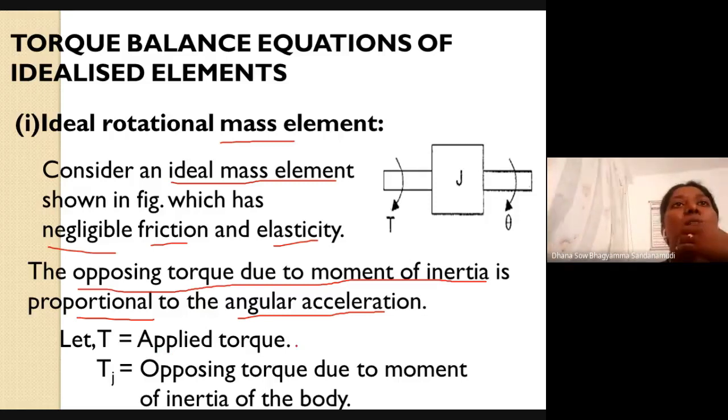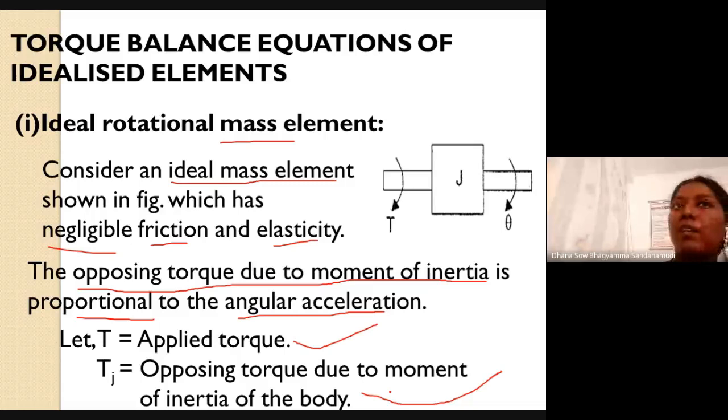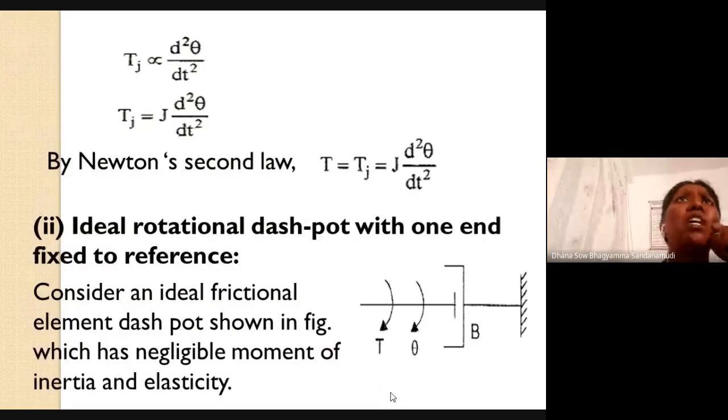T is the applied torque. Let us consider Tj as the opposing torque due to the moment of inertia of the body. Tj will be proportional to the angular acceleration, d square theta by dt square.